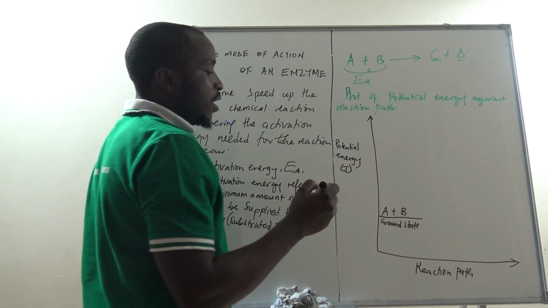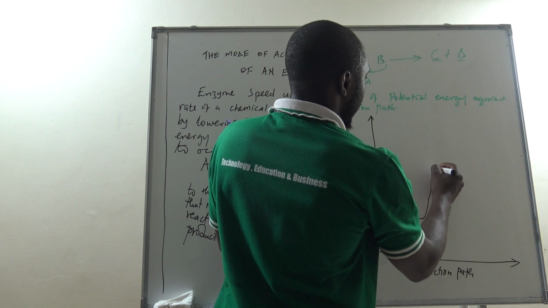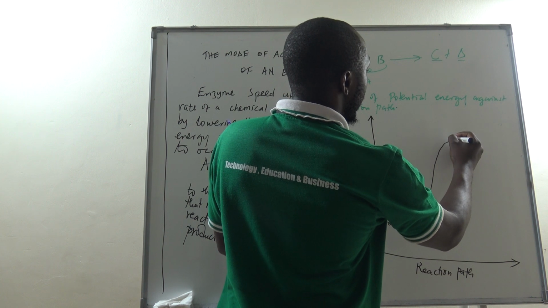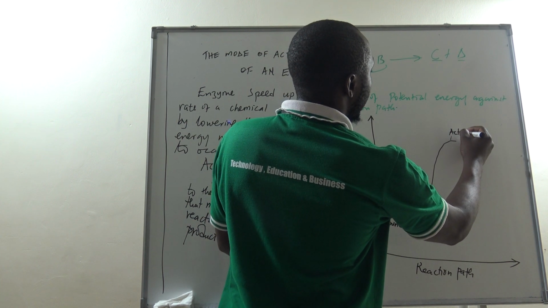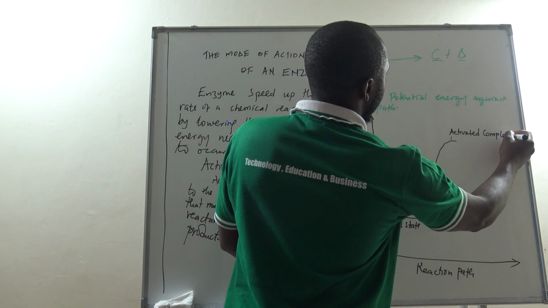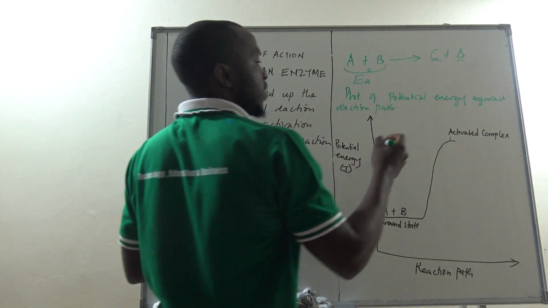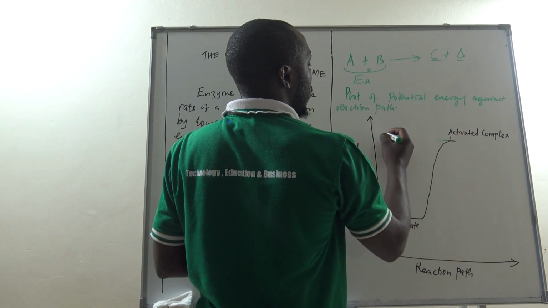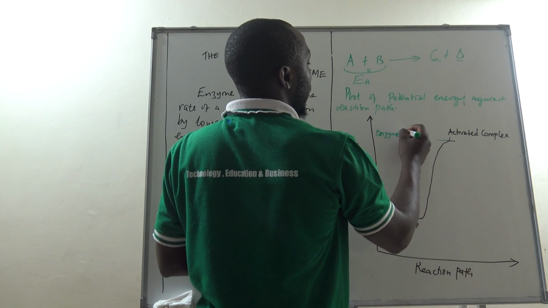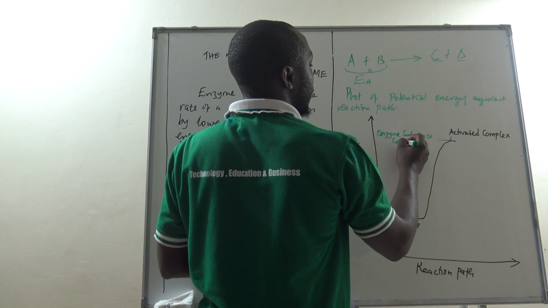But if they are to react, there is energy that is going to be absorbed to form an activated complex. That activated complex, if it is enzyme controlled, we shall call it the enzyme substrate complex.